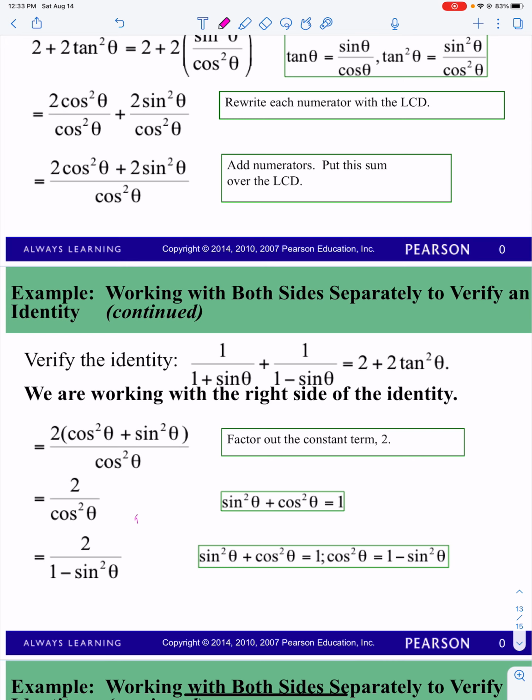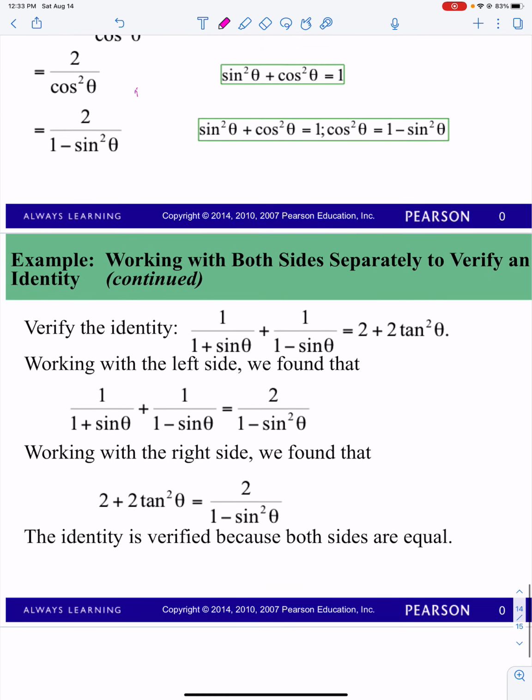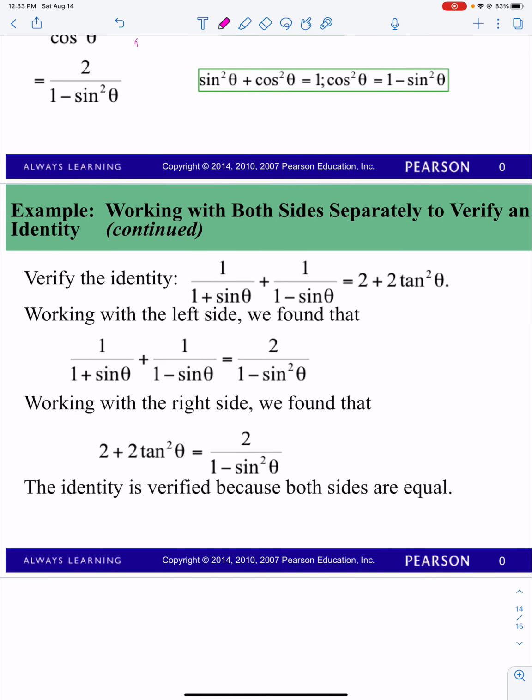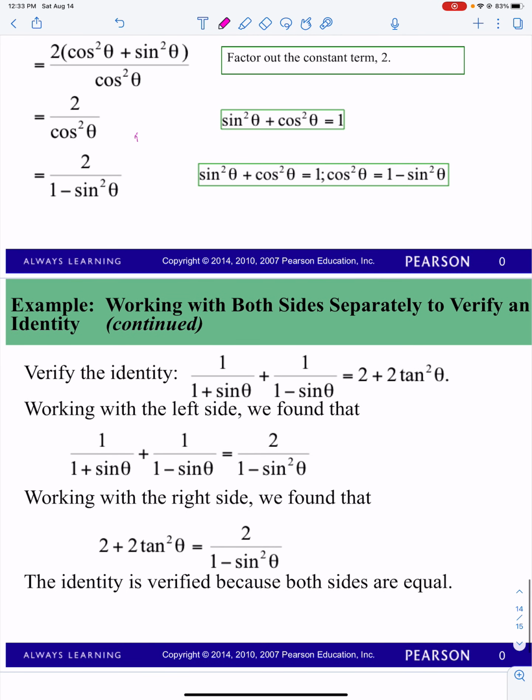This is another method if you do it on the right side. Okay, so this is the basic technique to verify the identities. So this section, you have to practice and be familiar with all these identities. Then it will be okay.